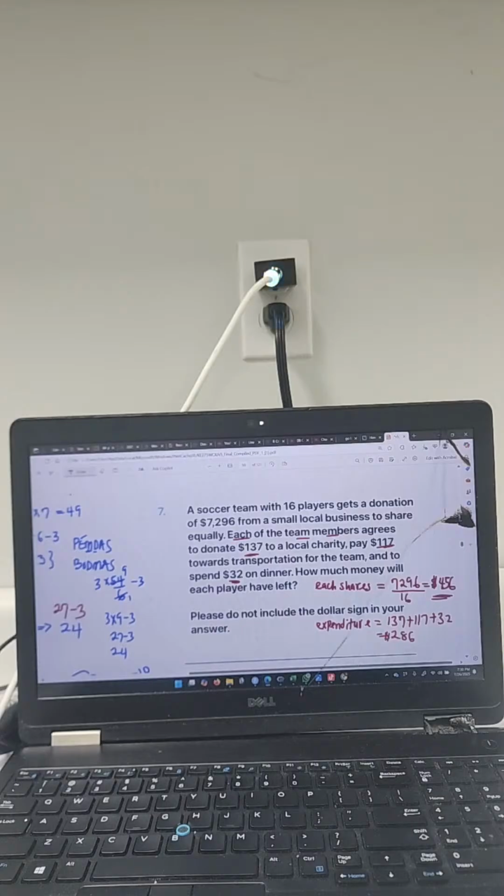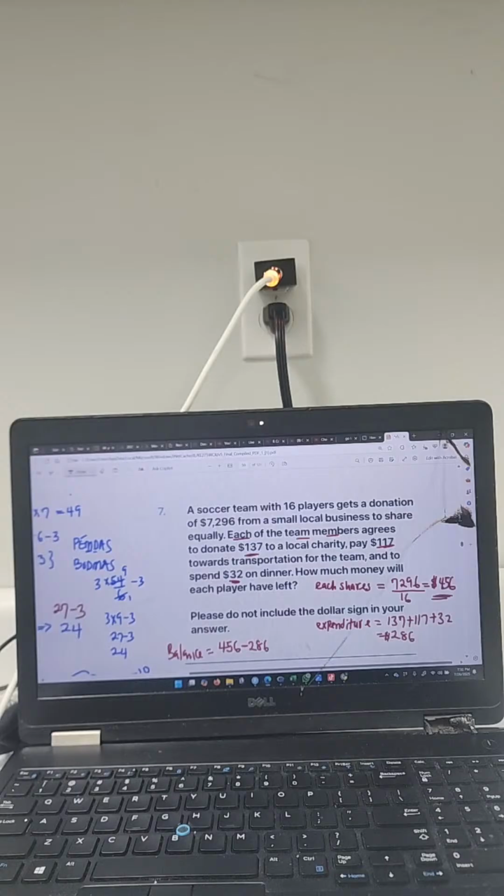So the question says, how much money will each player have left? So each player's balance is just going to be the share of each player, which is $456, minus the expenditure, which is $286.